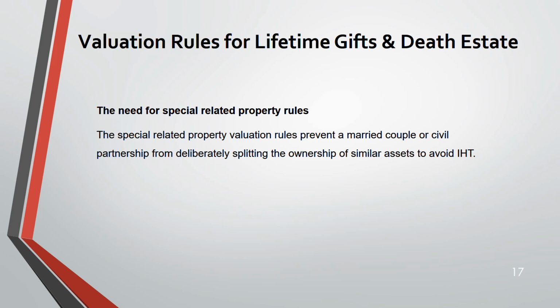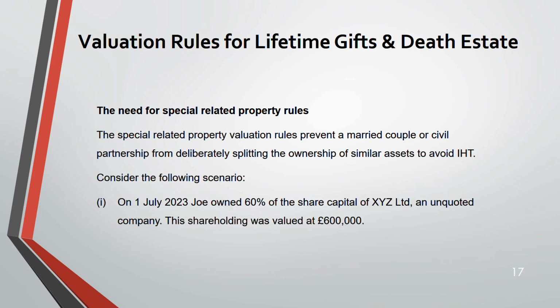They try to prove that this is a different asset and the donor spouse is having a different asset. Why? Because they want to avoid IHT. So these are the following scenarios. Now you will understand better how they avoid IHT and how the tax officer catches them so that they pay IHT.